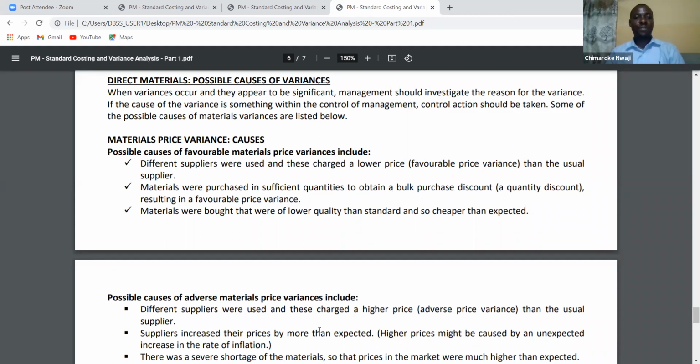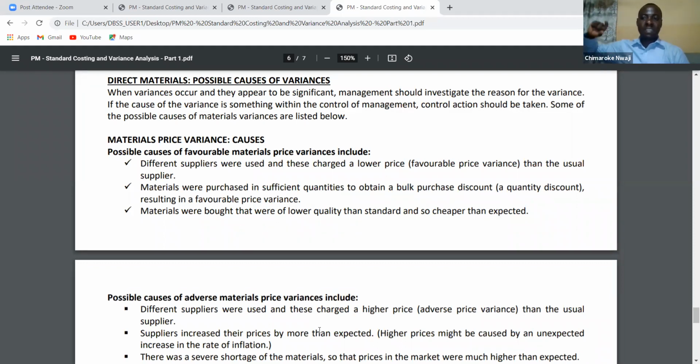But look at another reason for favorable variance. Materials that were bought may be of lower quality than the standard, and so because they are of low quality, they may be cheaper than expected. And so you may have a price variance that is lower than expected. So you see here, because you bought a low quality material, you may have a price variance that is favorable.